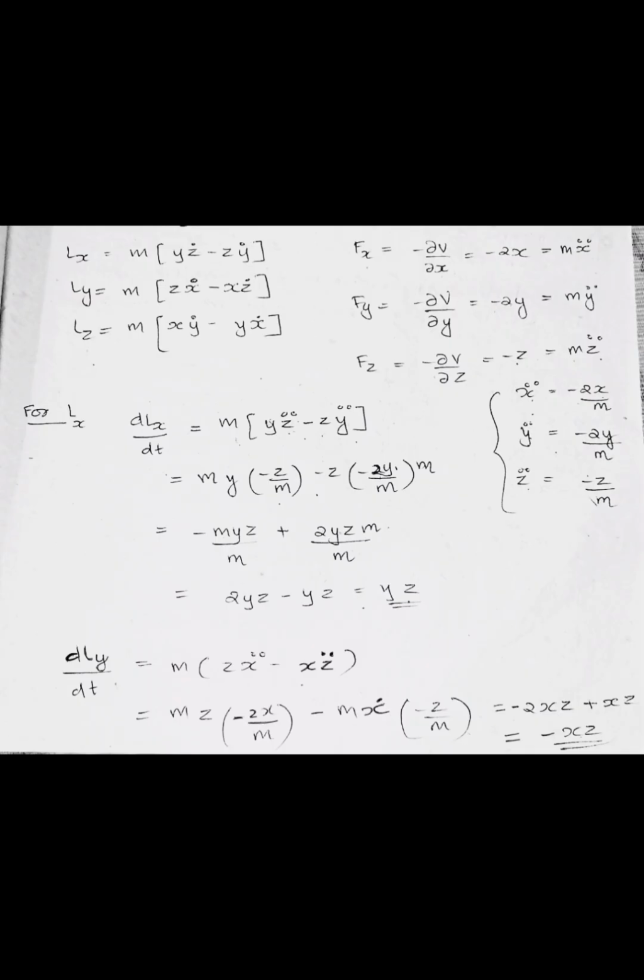Similarly, we can calculate dLy by dt, that is equal to m into (z x double dot minus x z double dot). Substituting these values of x double dot and z double dot, we get m z into (minus 2x by m) minus m x into (minus z by m), that is equal to minus 2xz plus xz, which is equal to minus xz.